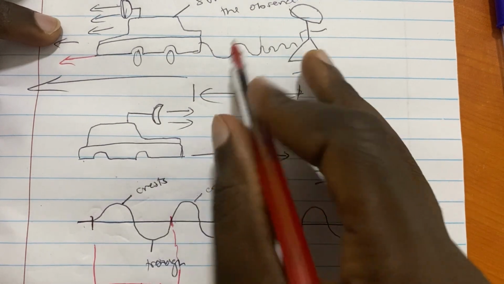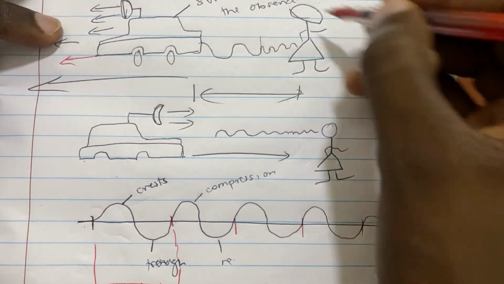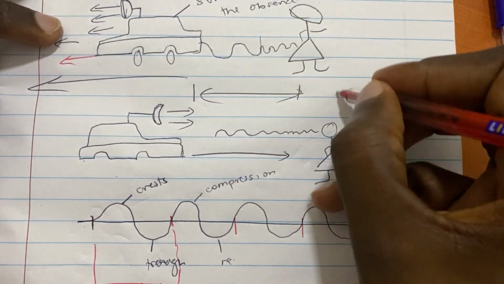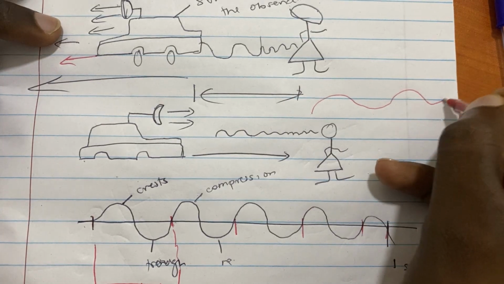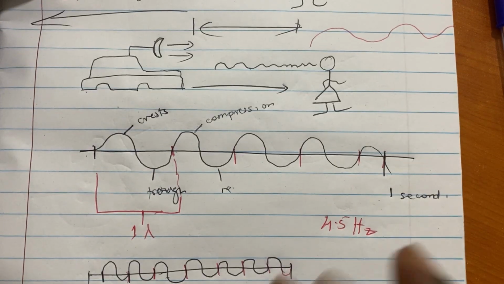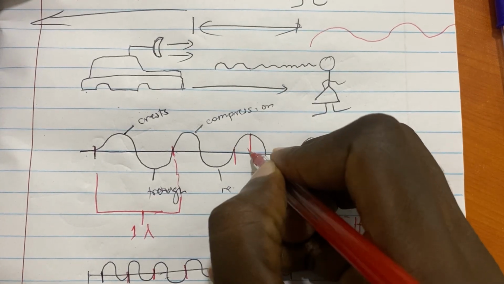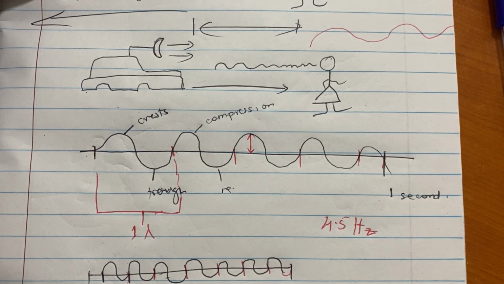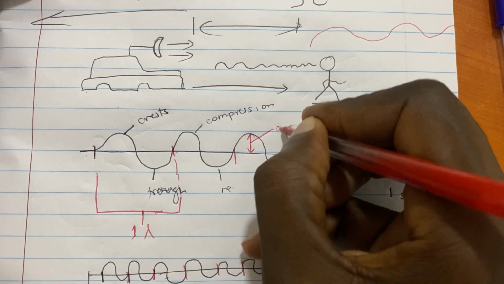The wave will keep decreasing until it fades, because remember, this is the energy of the wave, which is called amplitude.